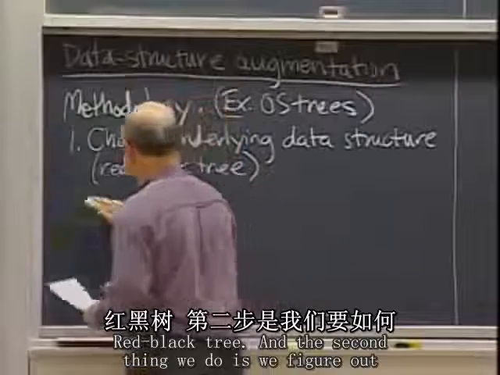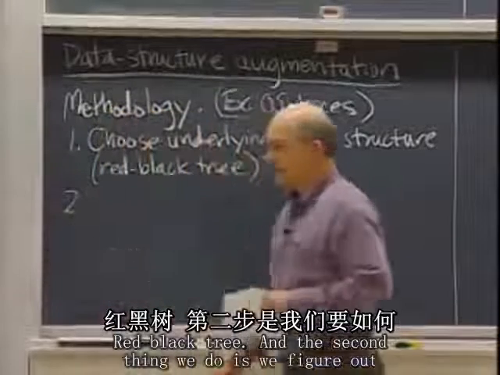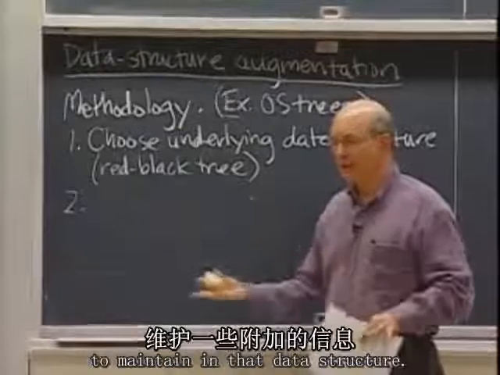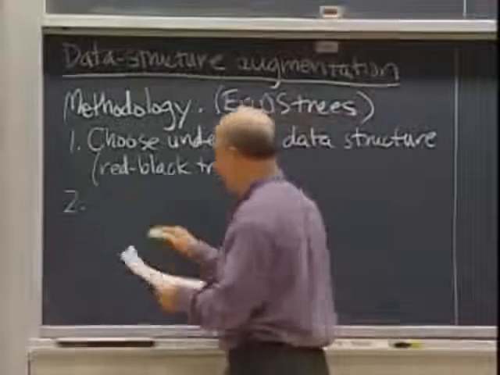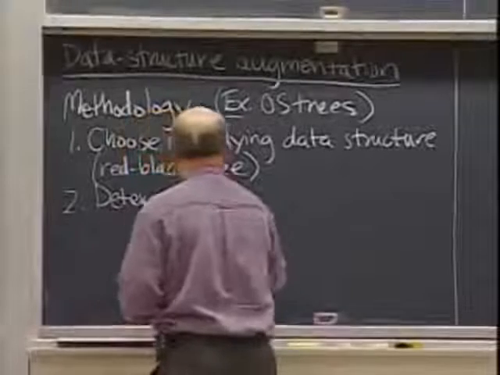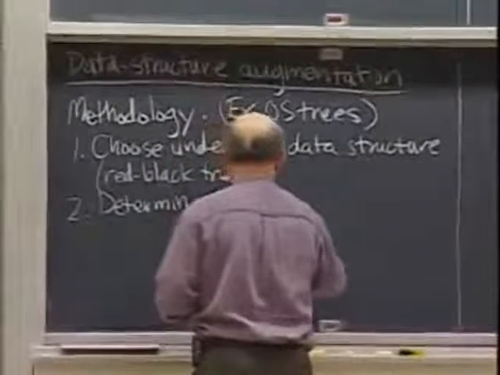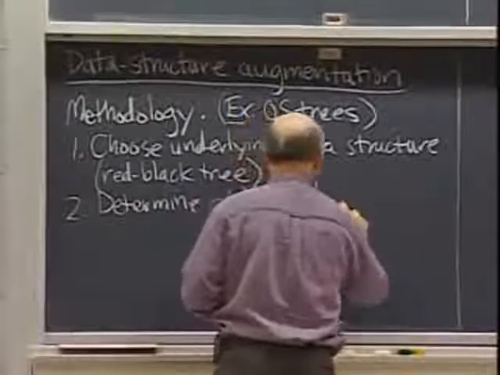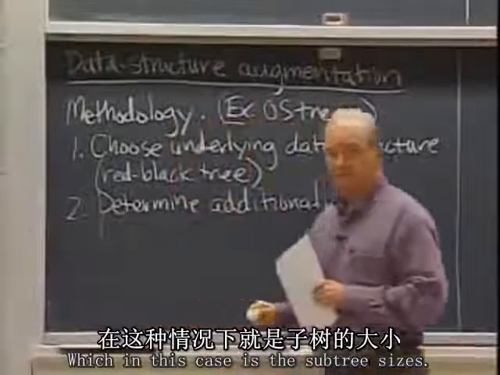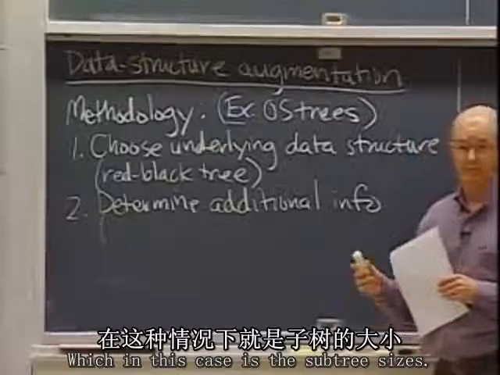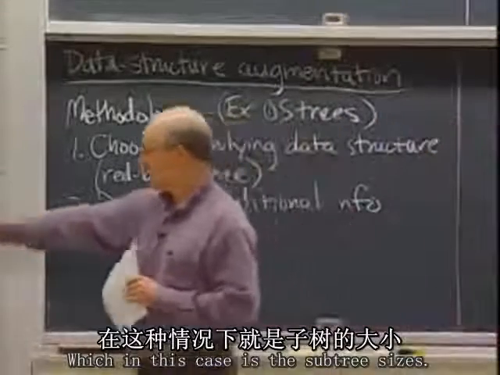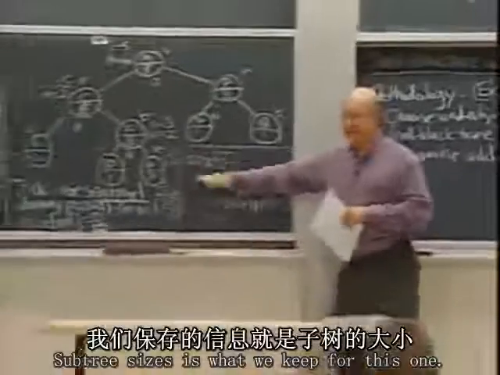The second thing we do is we figure out what additional information we wish to maintain in that data structure, which in this case is the subtree sizes. Subtree sizes is what we keep for this one.